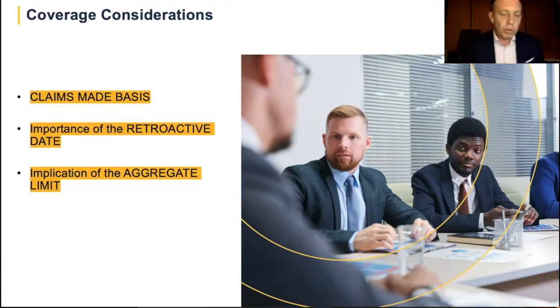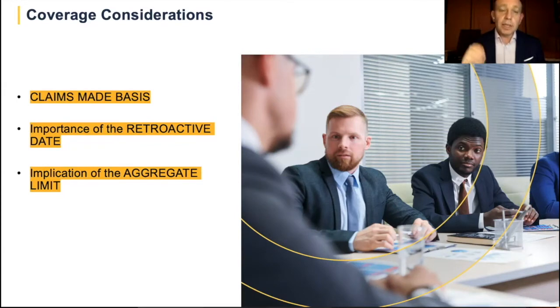I also just want to pause here on the issue of limits. I get asked all the time, what is the appropriate limit that a company should take on a D&O policy? We don't normally give a specific number because, I mean, how long is a piece of string? You would have heard that so many times. But these are the things to keep in mind when you're thinking about the limit.